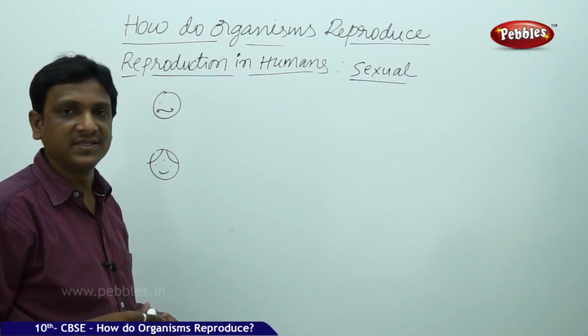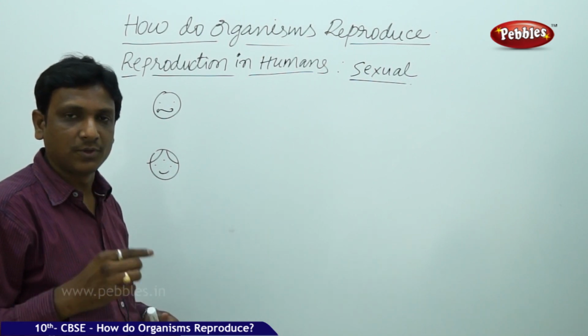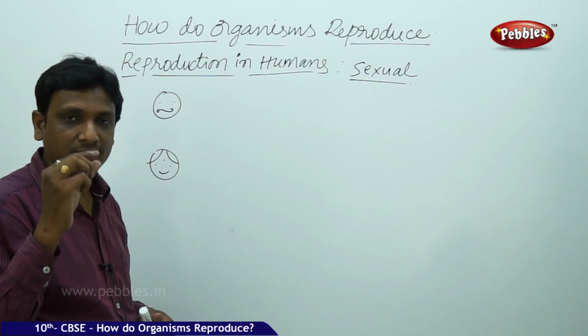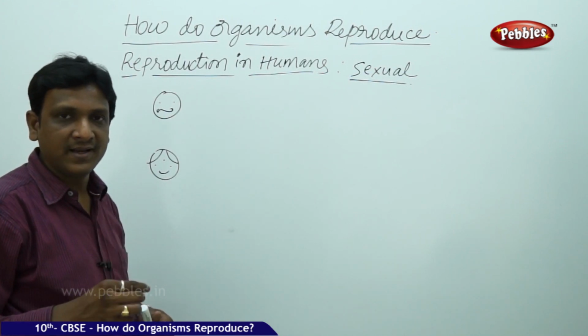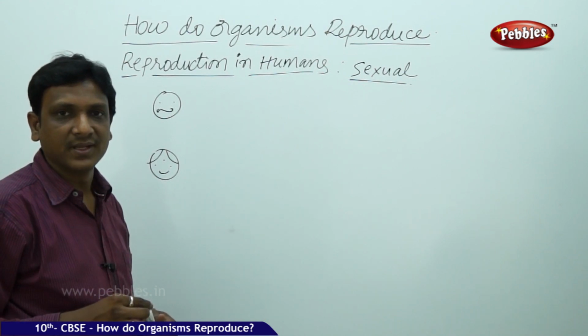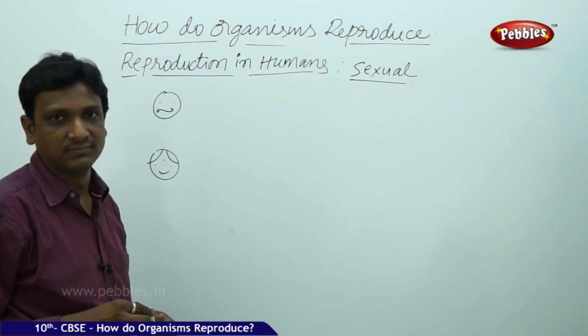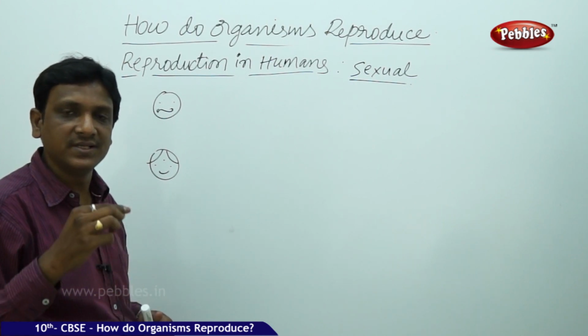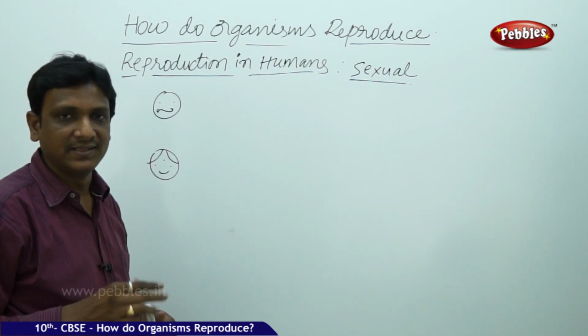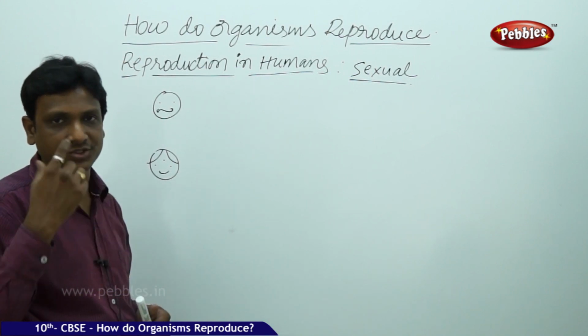And one more point we discussed earlier: for the process of reproduction, reproductive cells are needed. When an organism, either male or female, is capable of producing reproductive cells, then that organism is eligible for reproduction.